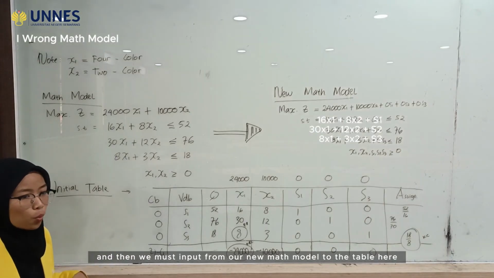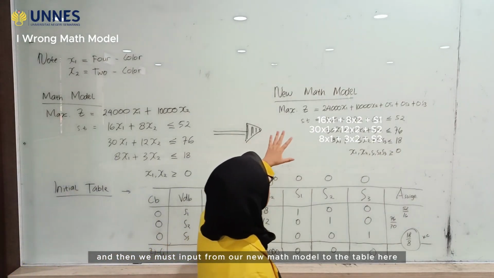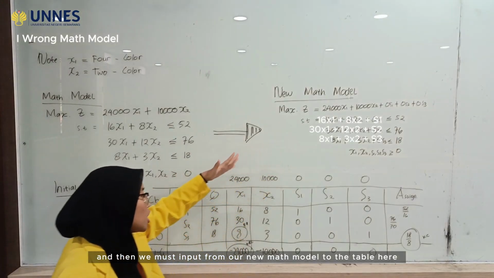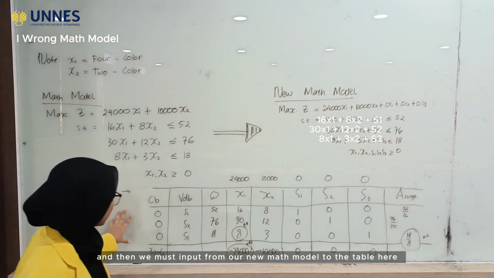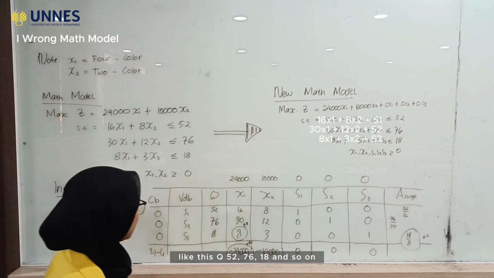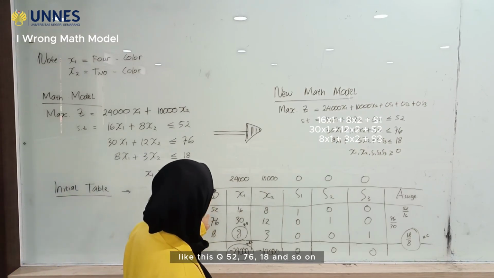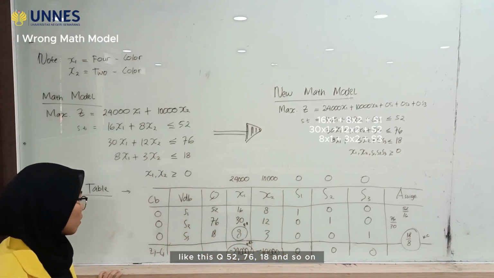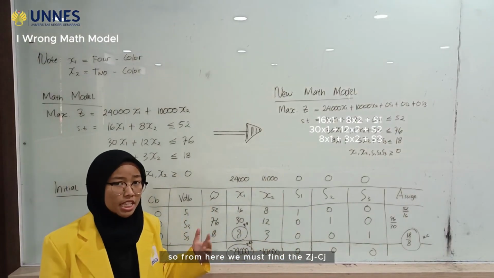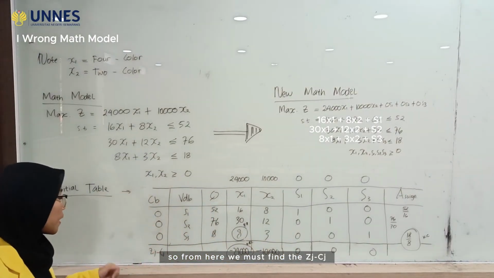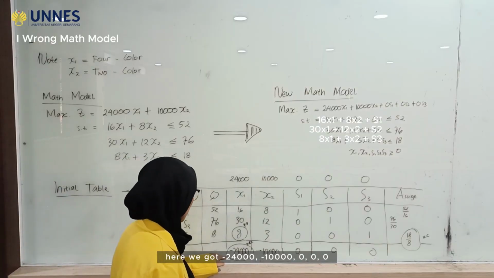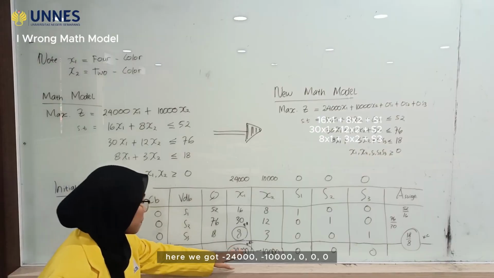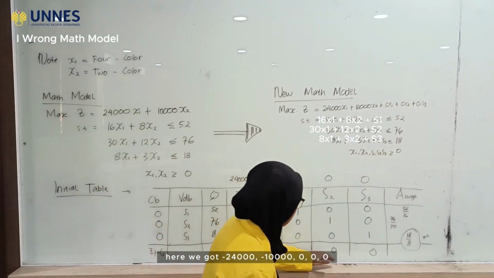Then we must input the values from our new math model into the table, like this: Q for 52, 76, and 18, and so on. From here we must find the ZJ minus CJ, and here we got minus 24,000, minus 10,000, 0, 0, 0.